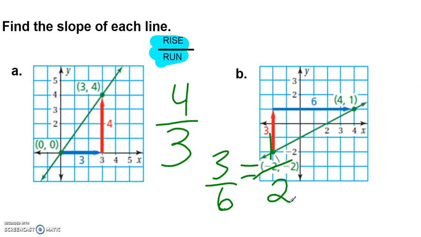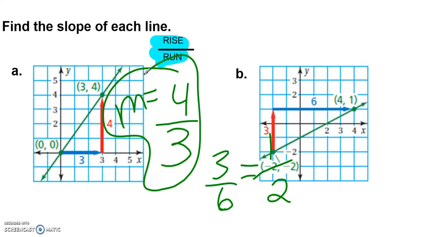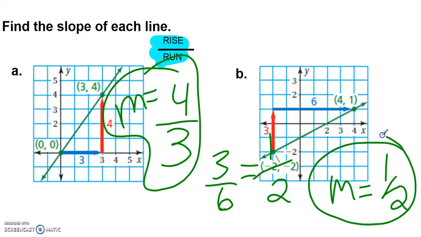And so this is m equals 4/3 for A, and then m equals 1/2 for B. And they usually use m as a variable for slope. I don't know why, but they use it.